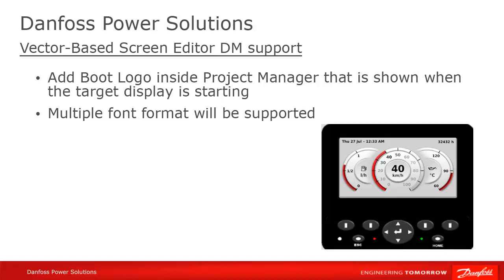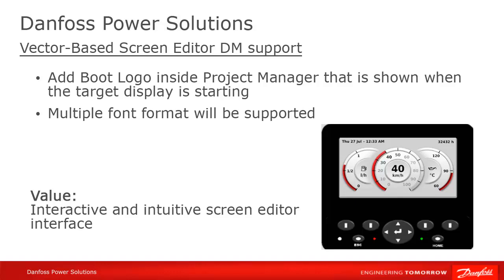In combination with the new DM functionalities, and if supported by the HWD, it will be possible to use new features, like adding a boot logo that is shown when the target display is starting, using anti-aliased fonts for rendering, and multiple font formats, which can be set via the new button Edit for output formats. In addition, a new type of screen object displaying graphics from the sys file will be available as well.